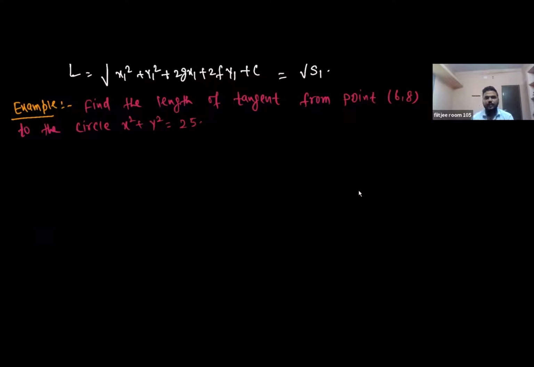Find the length of tangent from the point 6, 8 to the circle x square plus y square equal to 25. Okay.